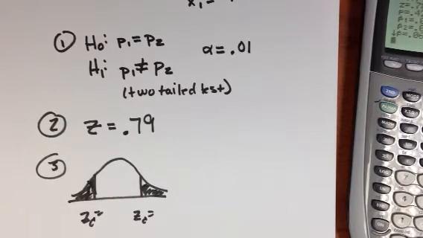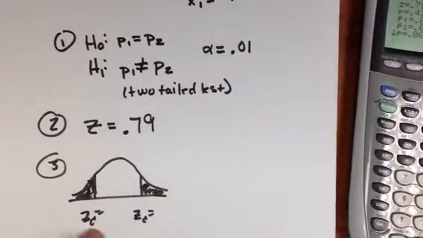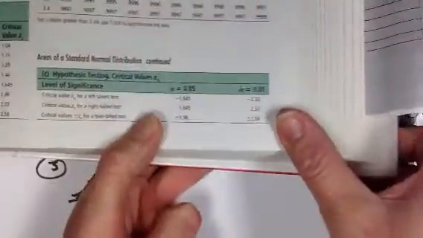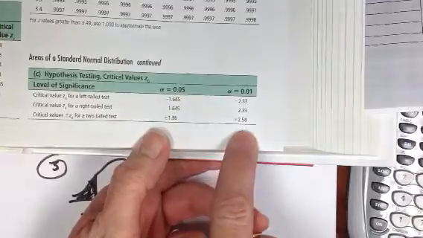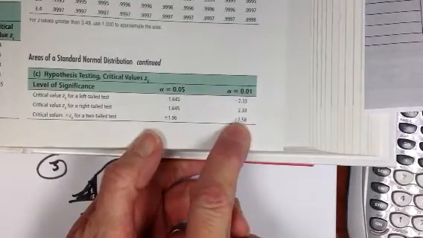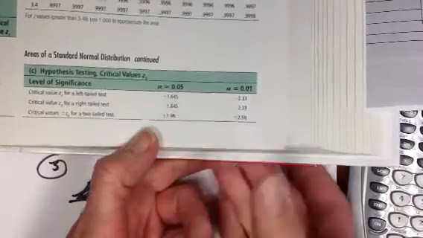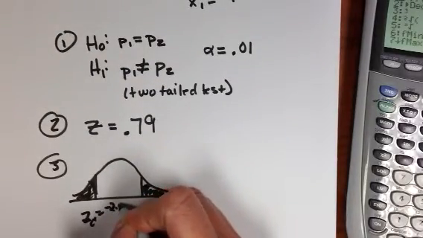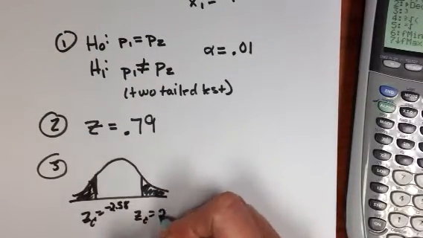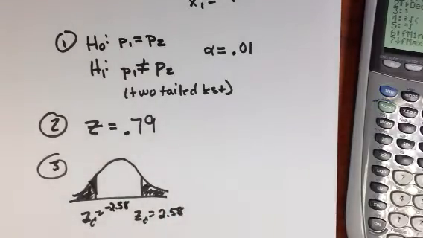So when I go to my table, these are Z critical values. If you were using T, we have to go to the T table. Two-tailed test, alpha 0.01 means I'm going to have a plus 2.58 and a minus 2.58. So remember, two-tailed tests, you're always going to have 2. This is negative 2.58. This is positive 2.58. Remember, my middle here is 0.